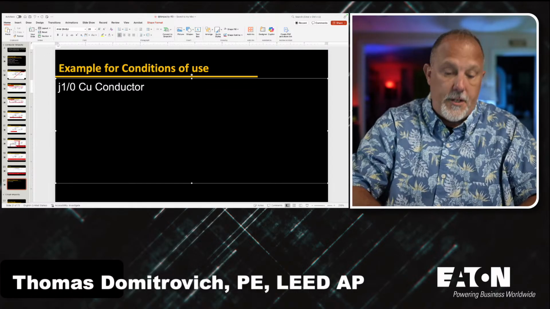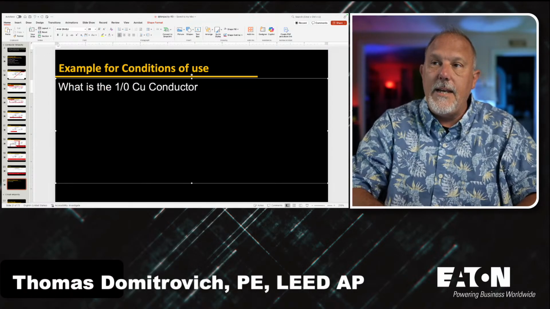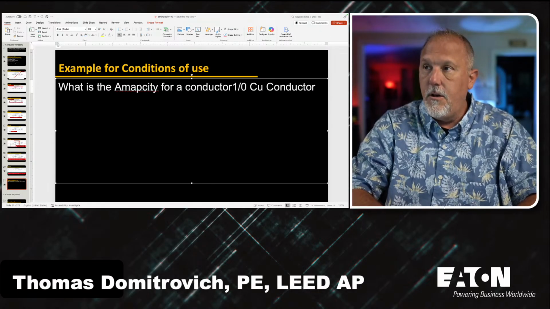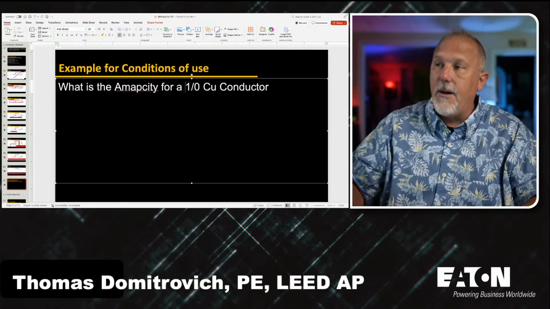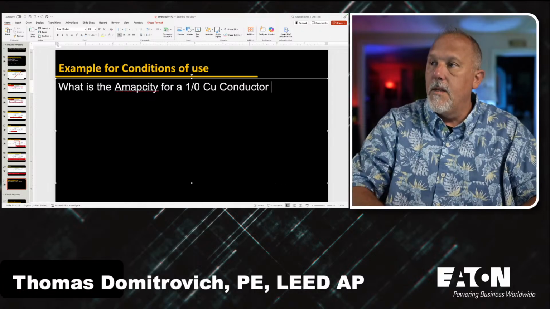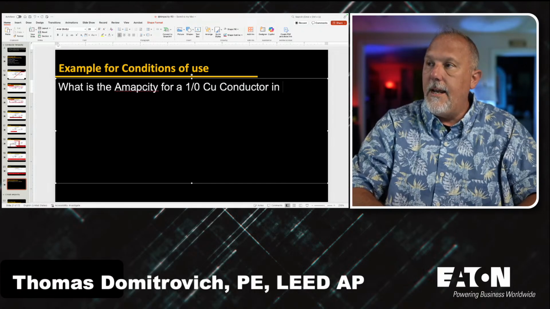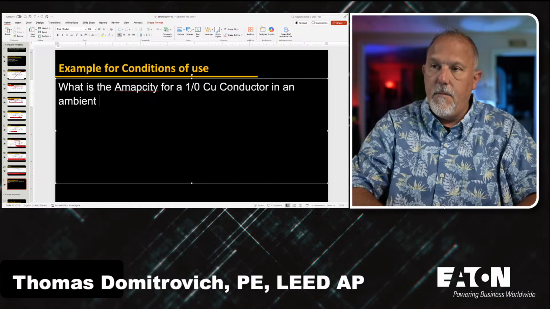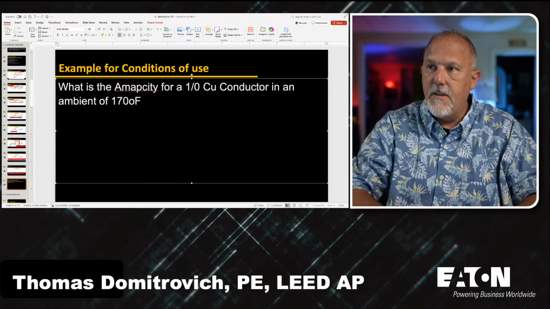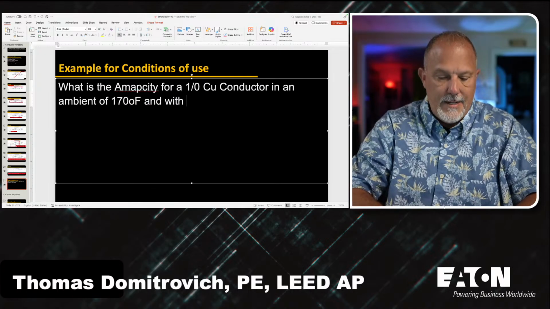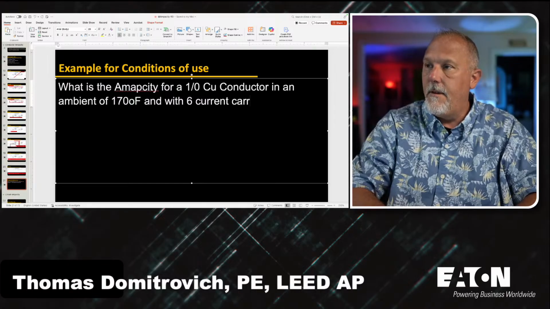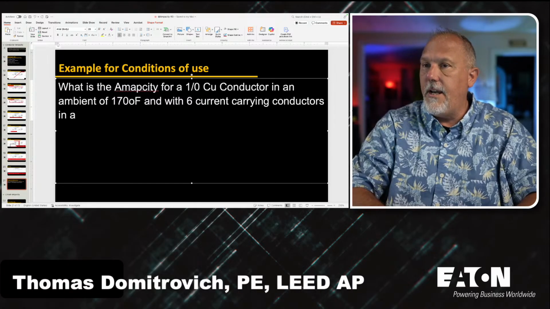We'll do it in the form of a question. What is the ampacity for a 1-aught copper conductor in an ambient of 170 degrees Fahrenheit and with 6 current carrying conductors in a raceway?